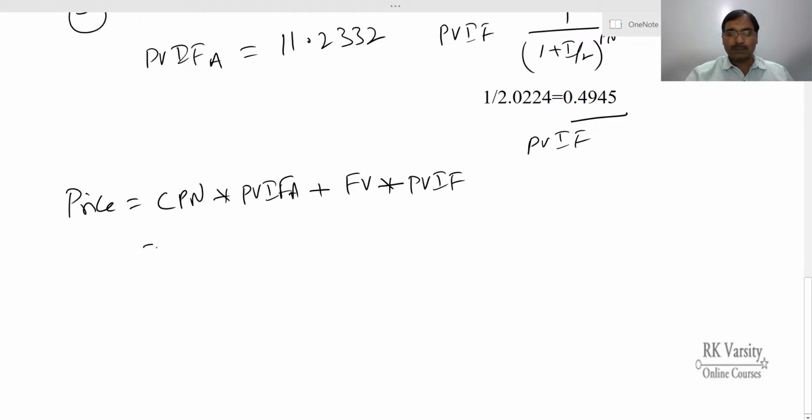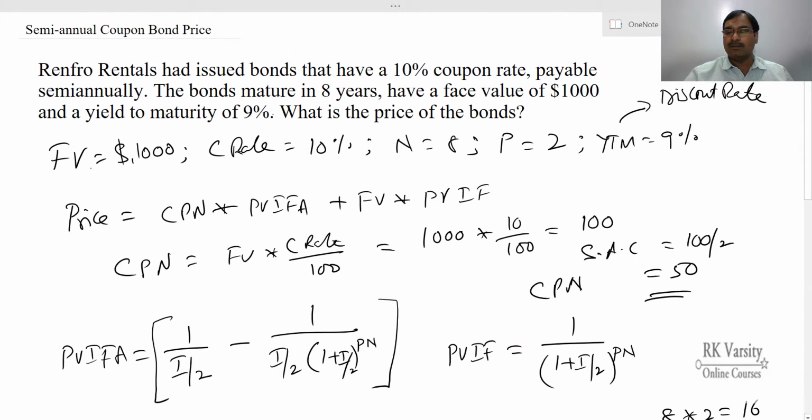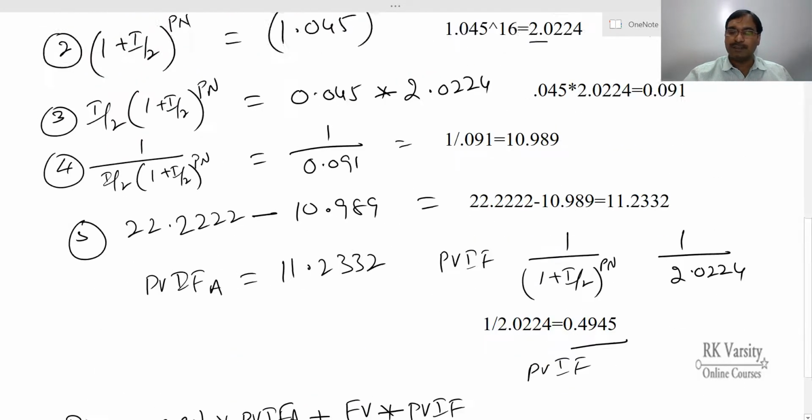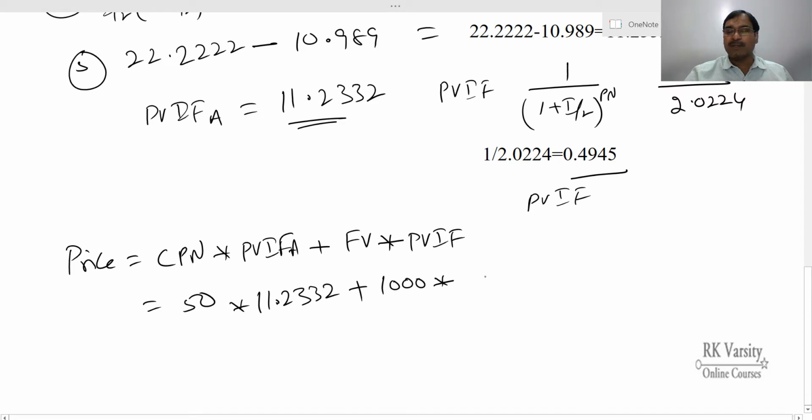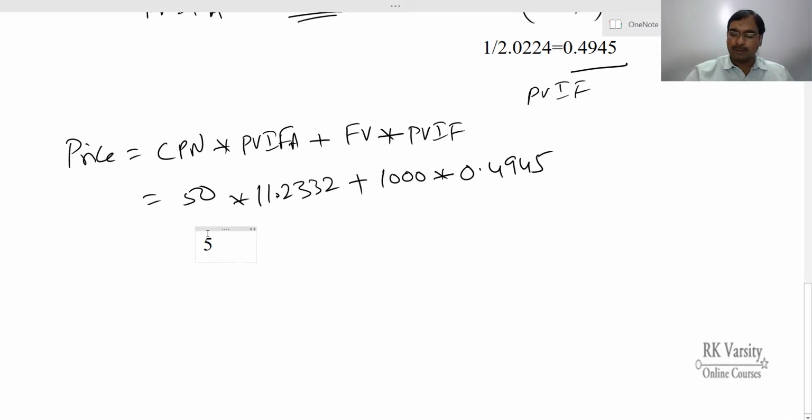Our coupon amount, as we calculated, is 50. So this is $50 times 11.2332 plus your face value of $1,000 times 0.4945.